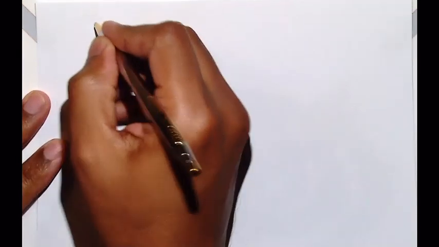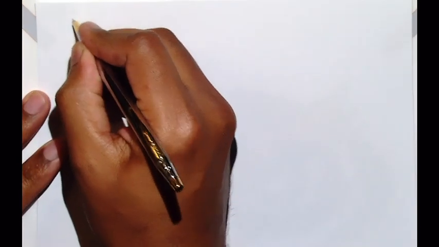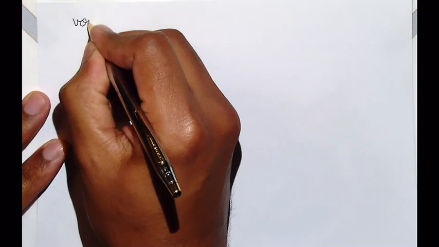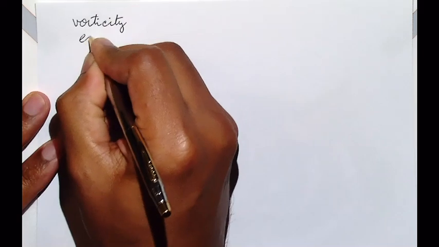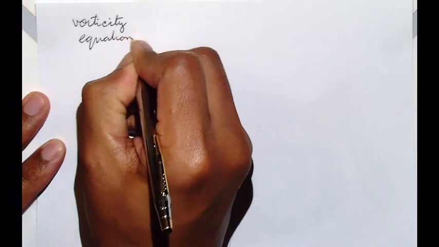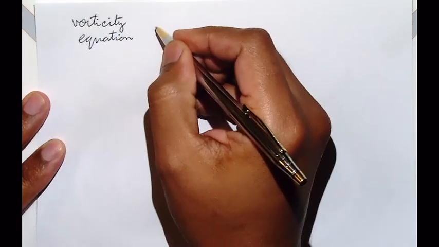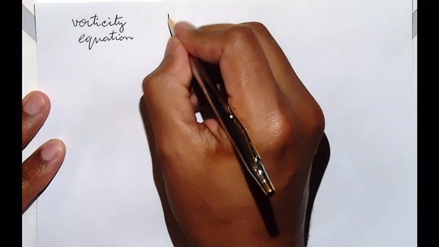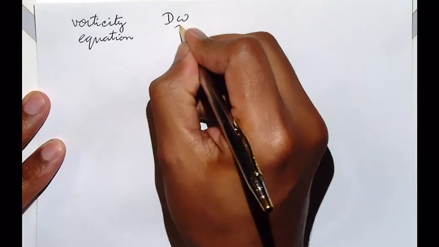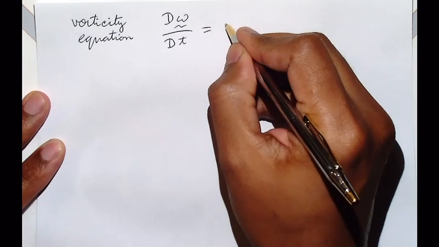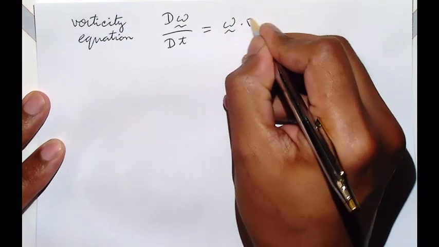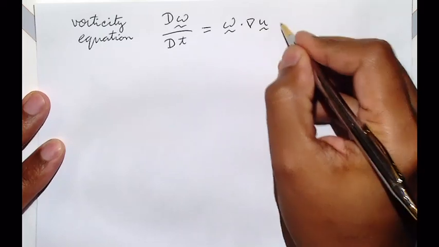Last time, with vortex methods, we had basically decided that we would solve the vorticity equation, which is very similar to the original momentum equation with slight differences. So d omega by dt equals a vortex stretching term, which is omega dot grad u.